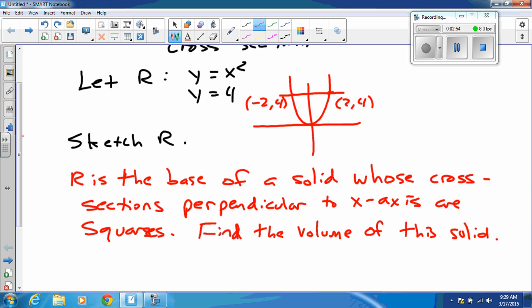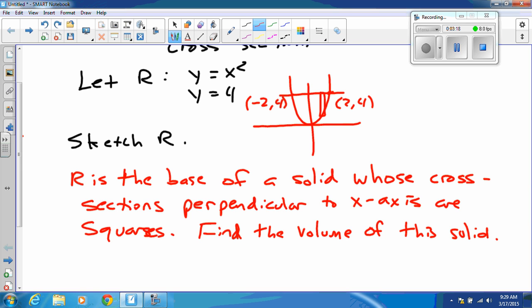And what we're told here is that the cross-sections perpendicular to the x-axis are squares. And what that means is that when I take a mathematical knife and I slice perpendicular to the x-axis, so here is my representative rectangle, then what I get when I cut my solid is a square in cross-section.